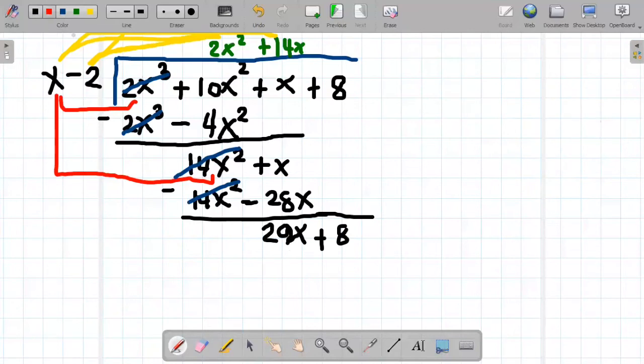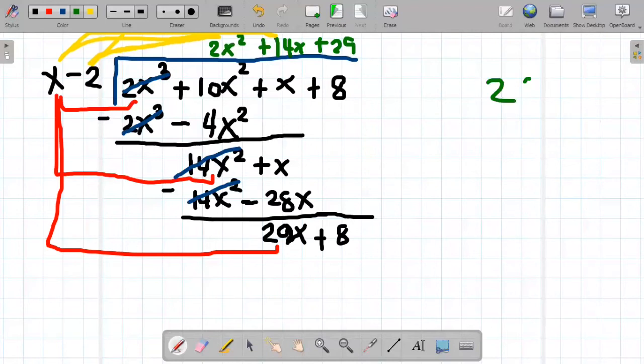So 29x divided by x, the answer is positive 29. Because that is again 29x divided by x, the x is cancelled. So therefore, 29 lang.